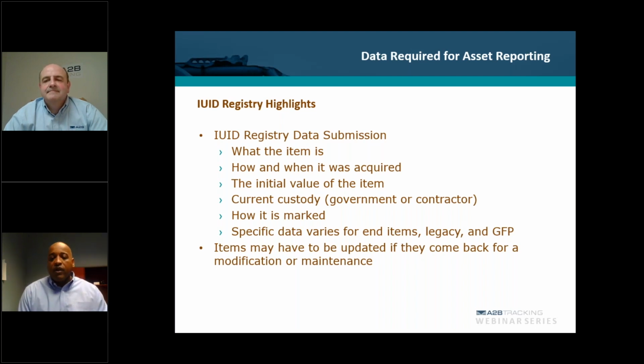So going to the IUID registry and doing that data submission, it really comes down to the item, when it was required. Is it a legacy item? Is it GFP? What's the value of that item? These are all data elements that the government's looking at as they're going through these audits.